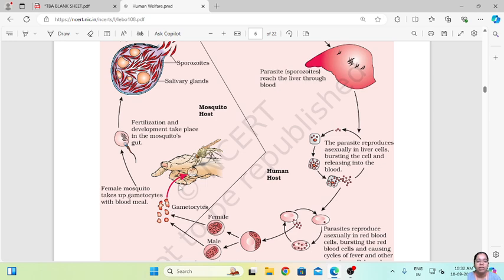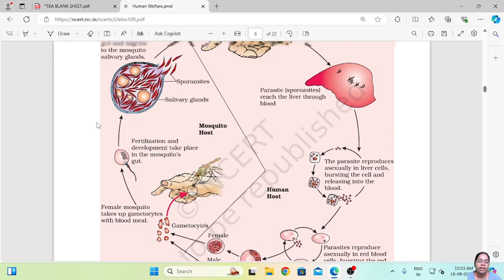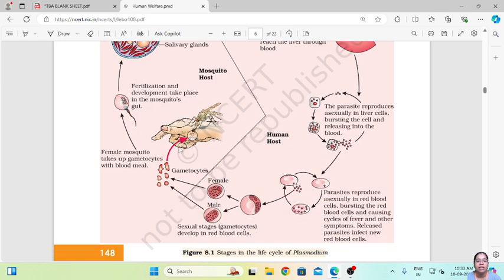If the mosquito takes the blood from one person, then again it will go and infect another person. So like this the cycle of the Plasmodium continues, that is the disease malaria, which is caused by the female Anopheles mosquito. So this is about the life cycle of the Plasmodium protozoan.